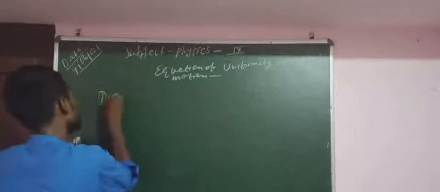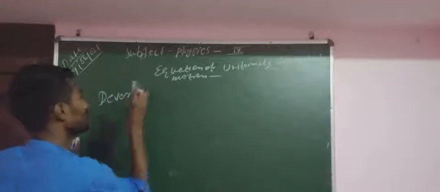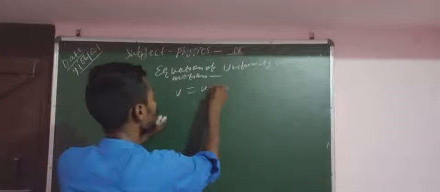We will derive the equation. Derivation of v equals u plus at.